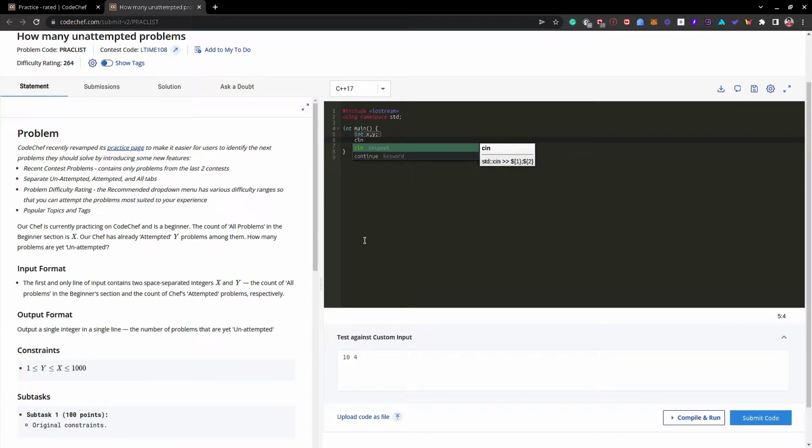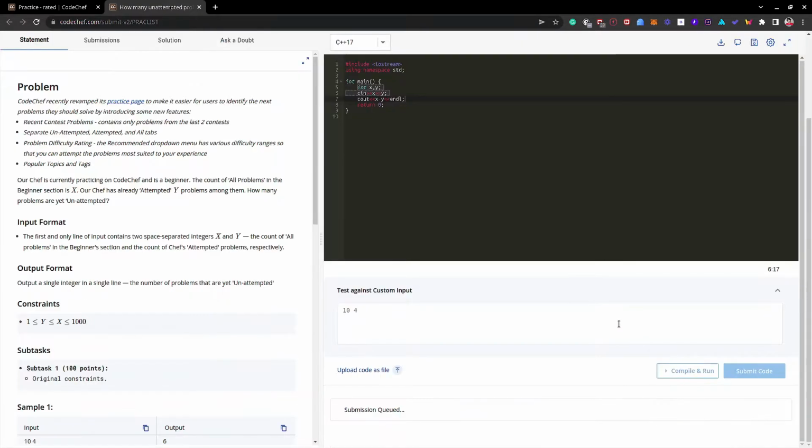Then I will be taking the inputs for both of them. Then just subtraction, printing using cout, x minus y, and that's it, completed. I hope it will do the work properly.